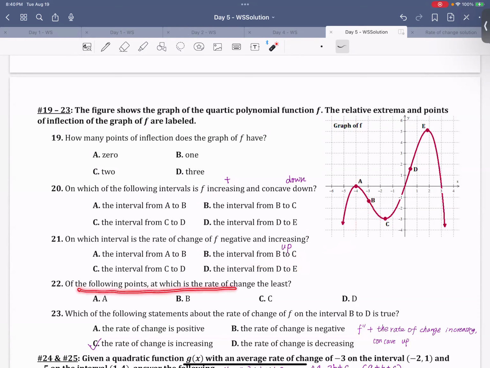22. At which point do you have the tangent line with the smallest slope?